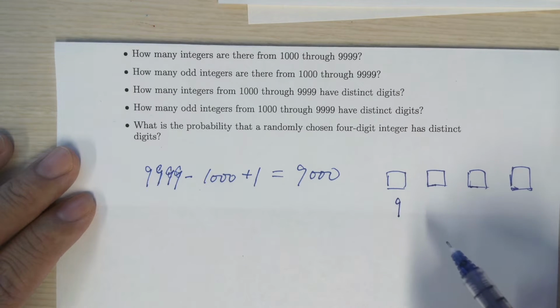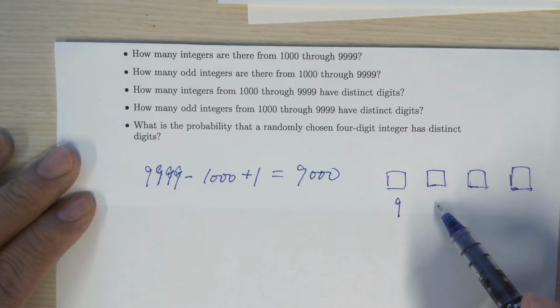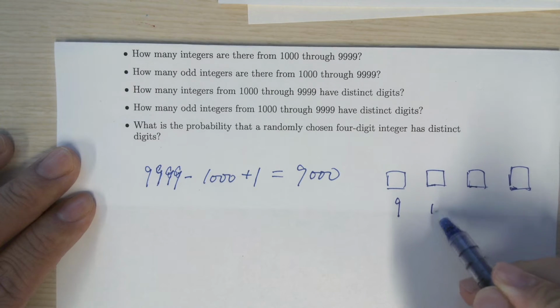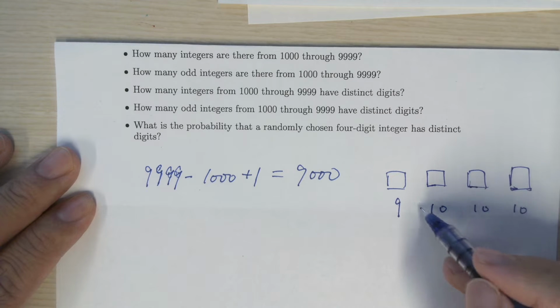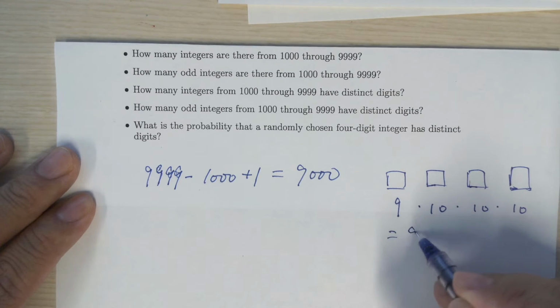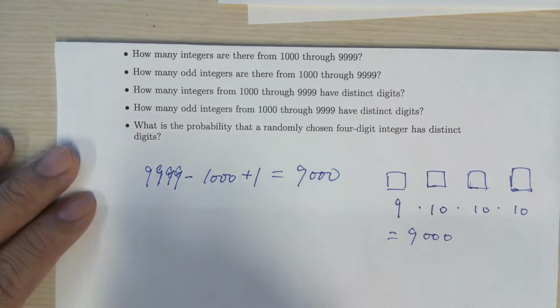You're going to have 9 of them because you can only choose any number from 1 to 9. You cannot select the 0. But for the second digit, third digit, and the fourth digit, you're also going to have 10 choices, which is 0 to 9, right? So if you multiply them together, that will also give you 9,000. Okay, so that's part 1.